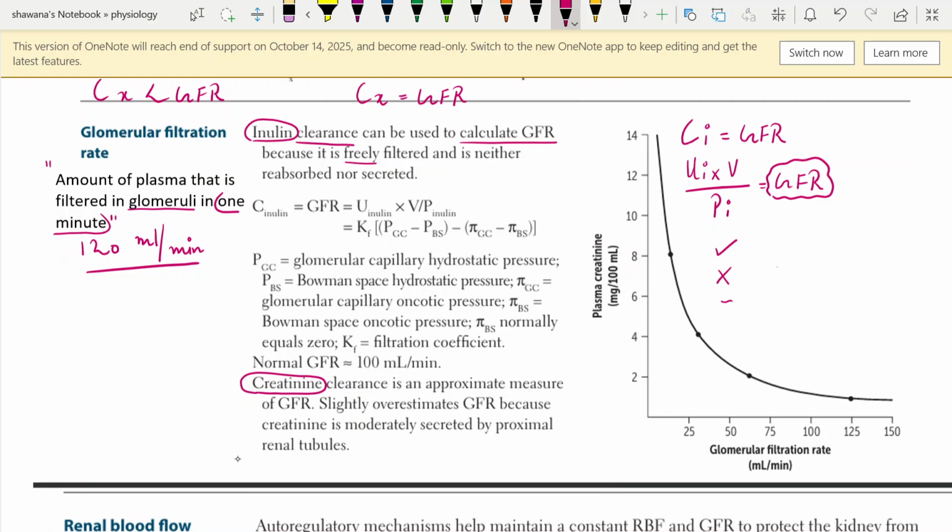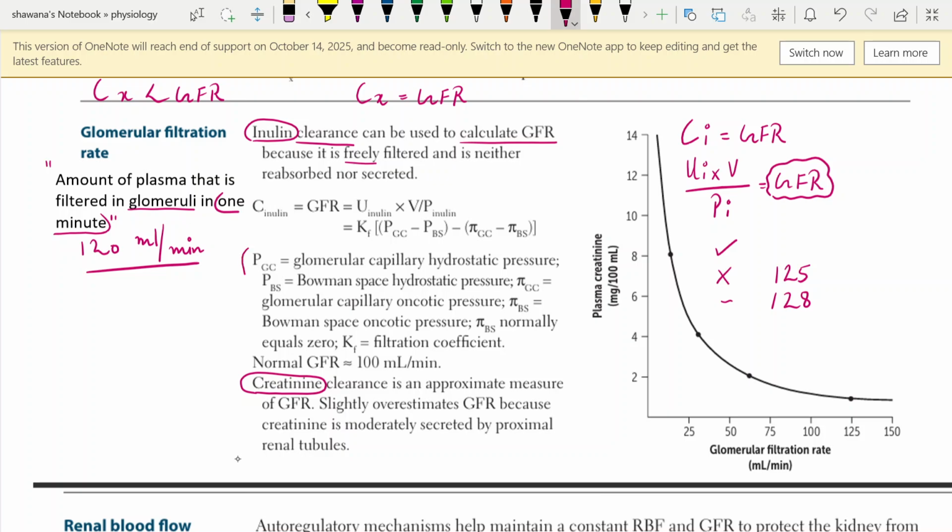For example, if a patient's GFR measured with inulin is 125, when measured with creatinine it becomes 128, because creatinine overestimates GFR. So creatinine is also used in clinical practice, but not more than inulin, because inulin is the exact estimation of the GFR.